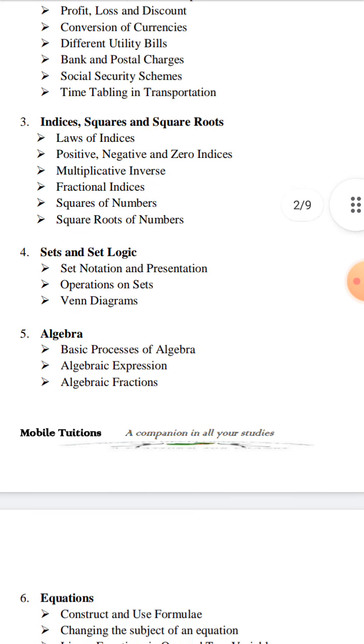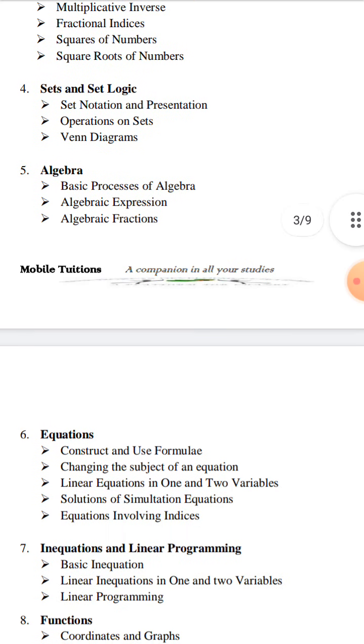From there, we go to topic 4, sets and set logic, where we discuss set notations and presentations, operations on sets, and close with Venn diagrams. Then topic 5 covers basic algebra, basic processes of algebra, algebraic expressions and algebraic fractions.